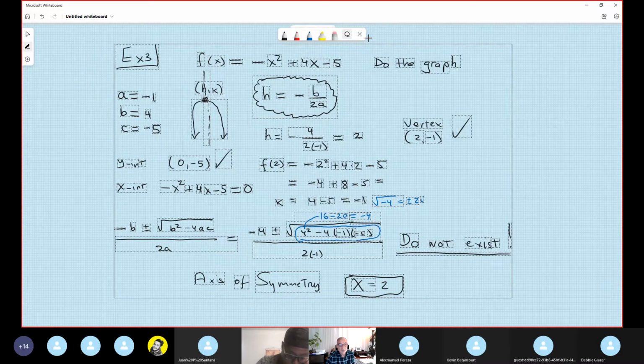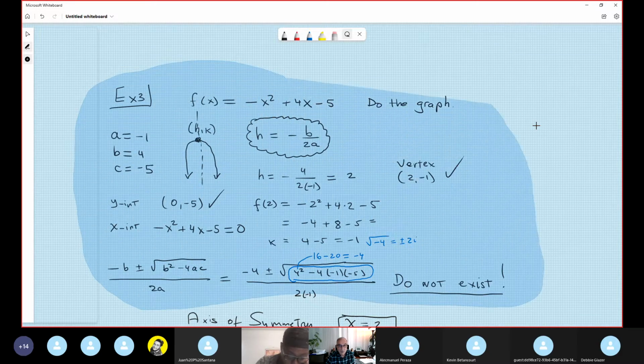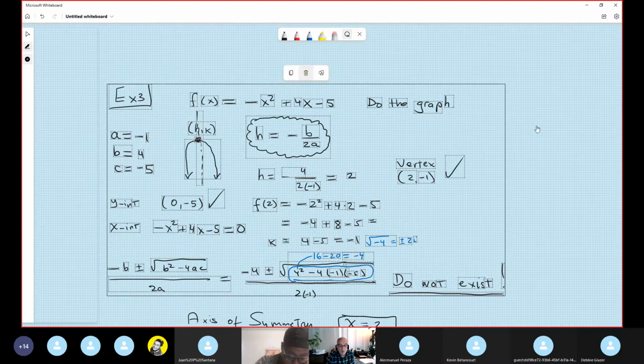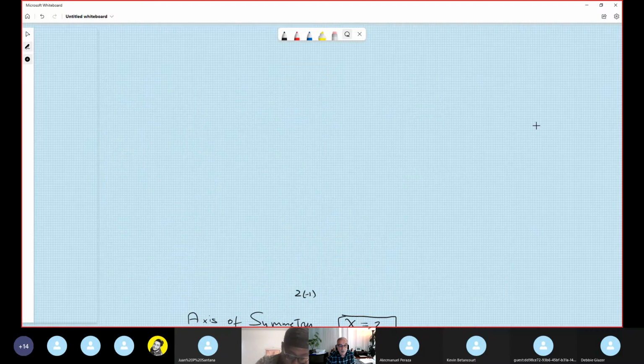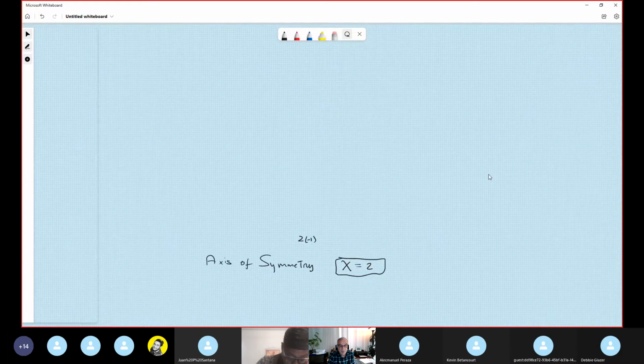Okay, let's move on to application. Wow, I don't like this. To erase the last part by using this tool.